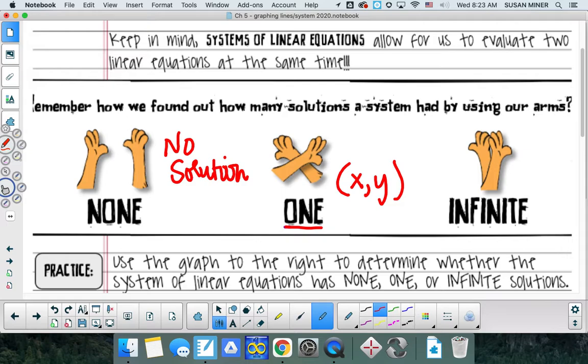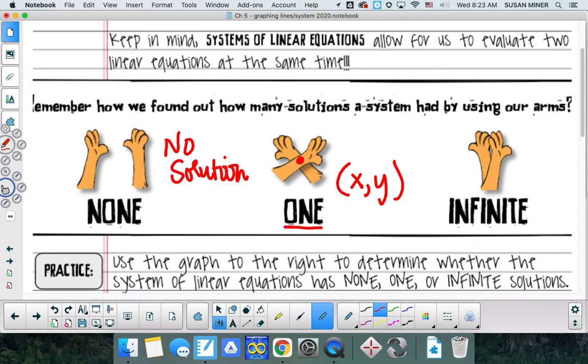When I'm dealing with straight lines, I'm only going to get one point where those two lines cross. Later on, when you're in 9th grade and 10th grade, you'll work with some curves and circles and things like that, so you might have more than one place where those things cross. But for 8th grade math and in this class, we're going to deal with straight lines, and straight lines really are only going to cross in one place. So we'll get just one solution.